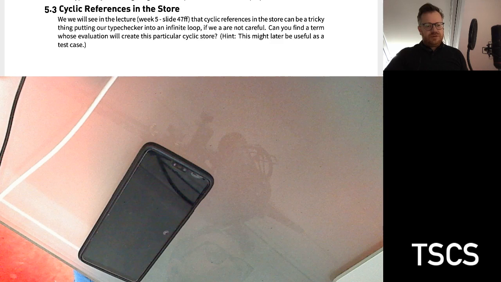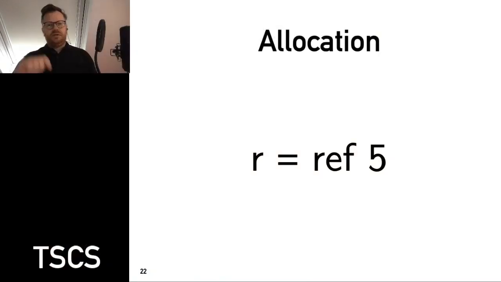Maybe let me pull out the slides for that again. Good. So allocation is this. We have a syntactic element on the left.